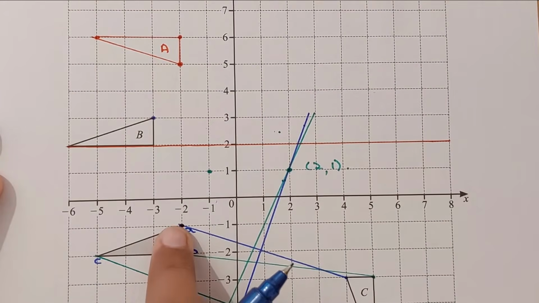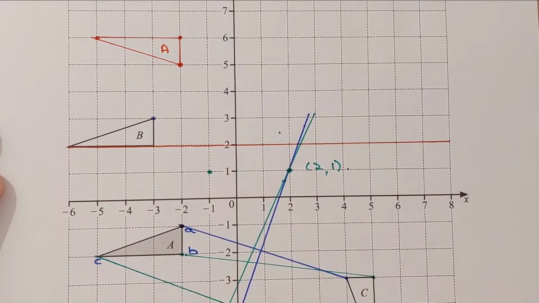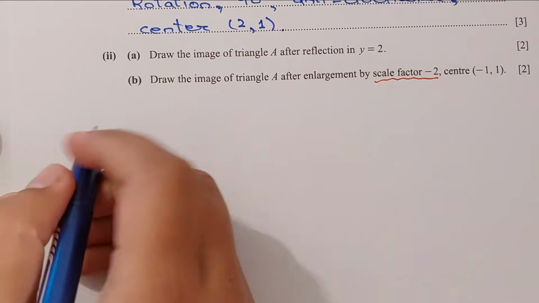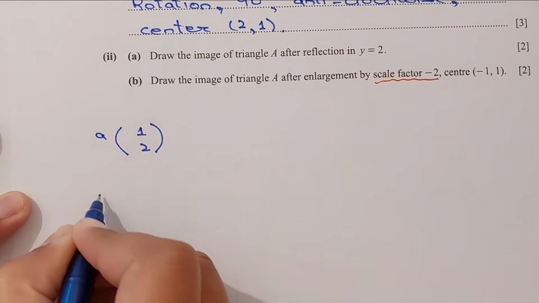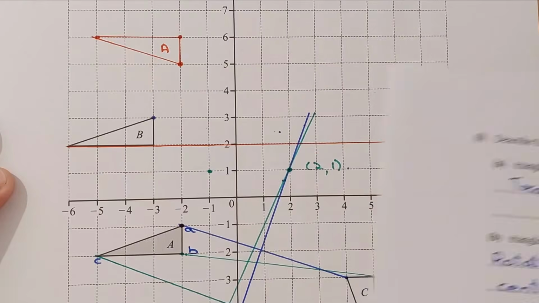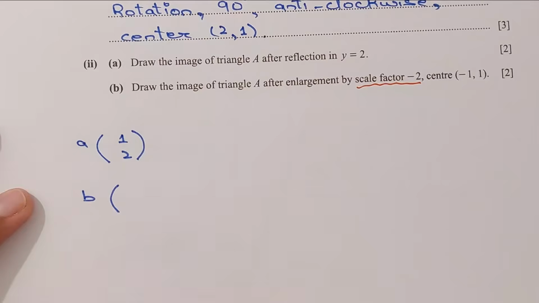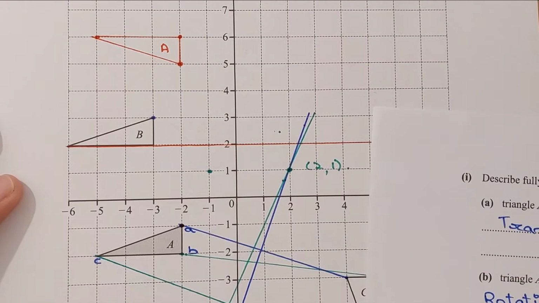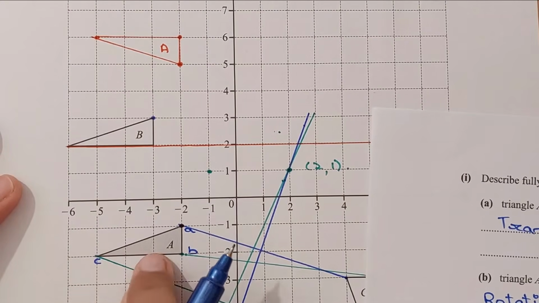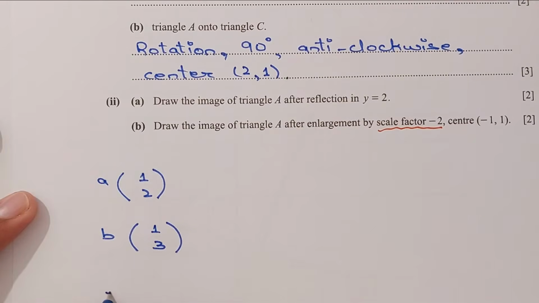For point A, it moves 1 unit right and 2 units up. For B, it is 1 right and 3 up. And for C, we move 4 right and 3 up.